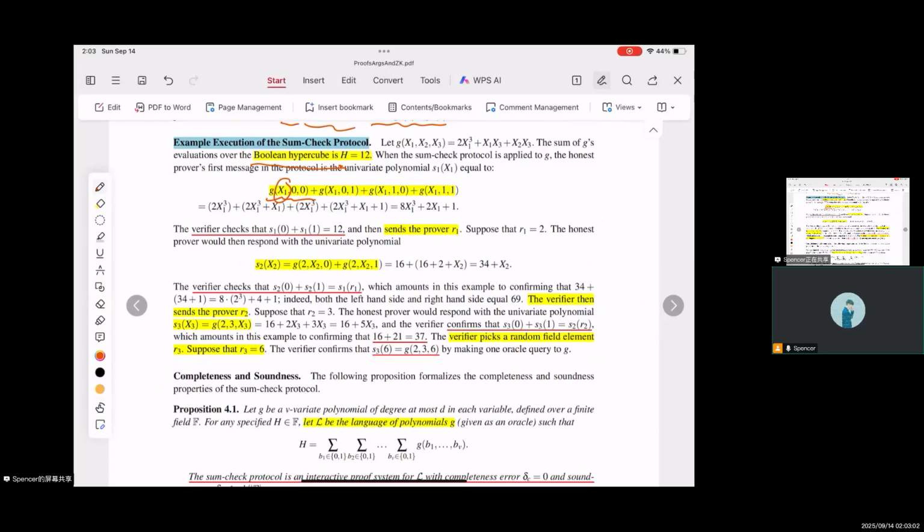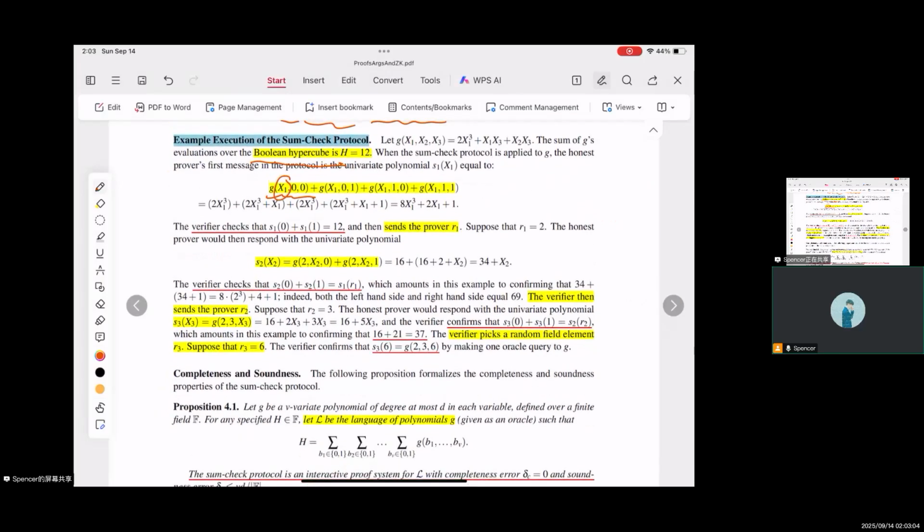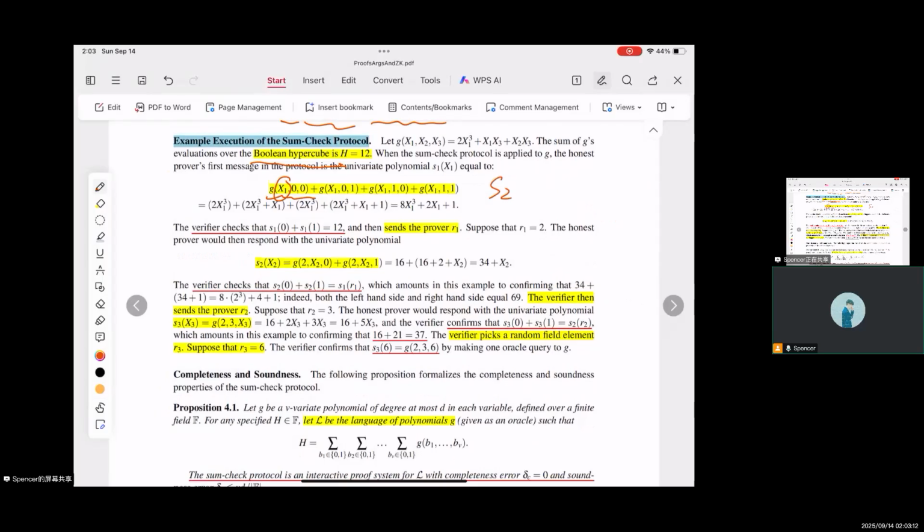Okay, and due to the process of the protocol, the verifier should check that S1(0) plus S1(1) should be equal to C1, so it should equal 12.